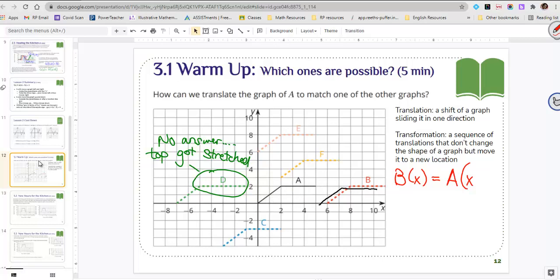Left, right, up, or down to get to B? Right. Alright, so I'm moving it to the right. That's going to tell me that I need to go to the R-I-G-H-T, so I need to use an M-I-N-U-S inside parentheses. I'm moving it with my X. How many units are we moving it to the right? 6. Beautiful. So we have an X minus 6.